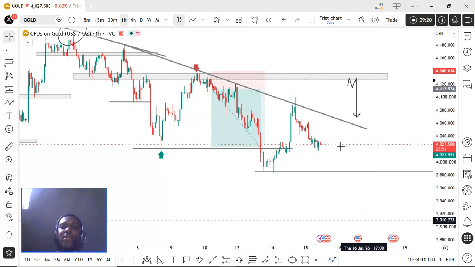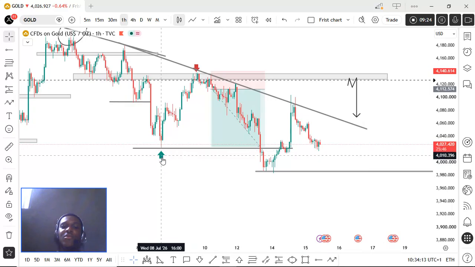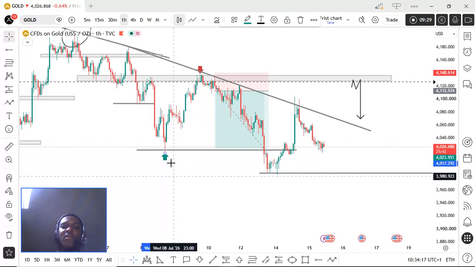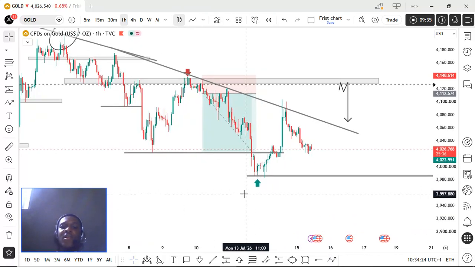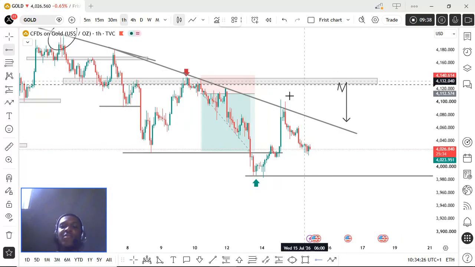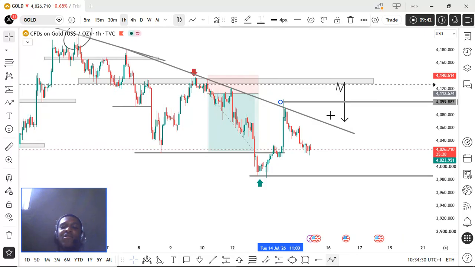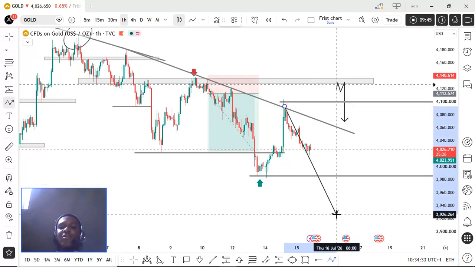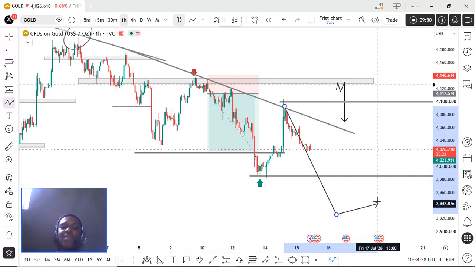If the market breaks this new low the market created here, then this level will not be your high. By that time the market will have formed something like this, so you'll be targeting either here or here to sell the market continuation.